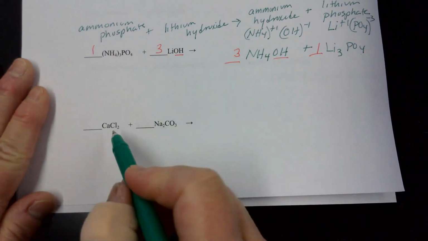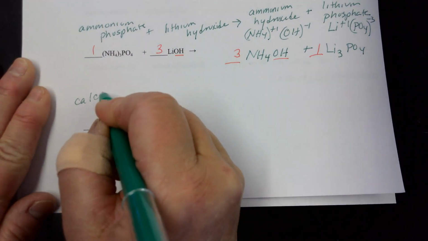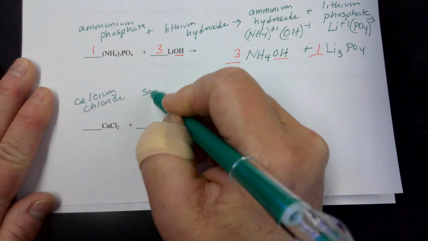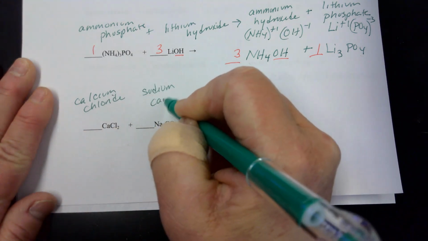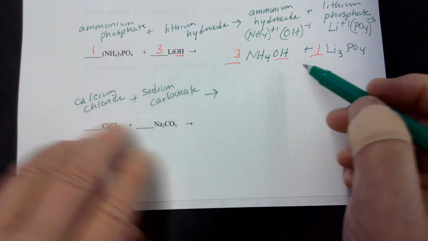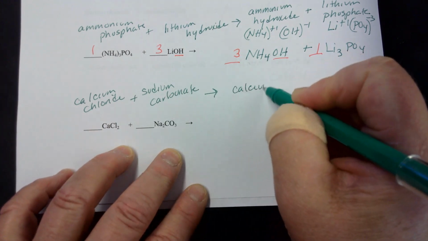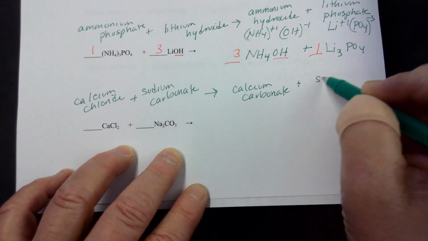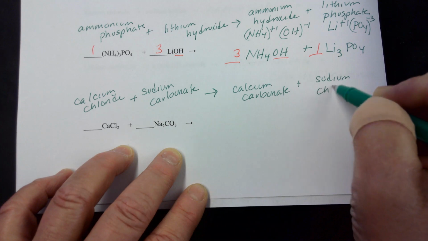Last example here, I have calcium chloride and sodium carbonate. What it's going to make is calcium carbonate plus sodium chloride.